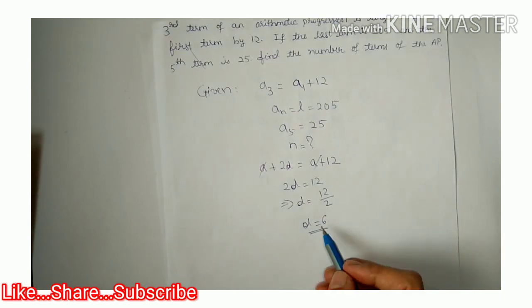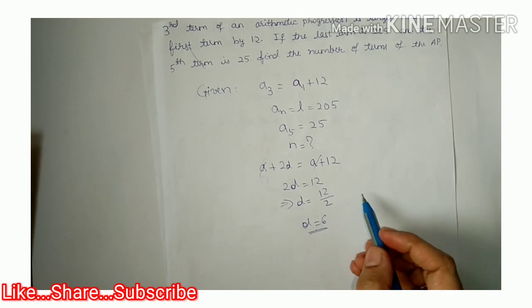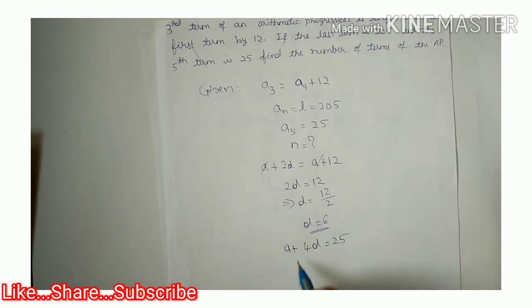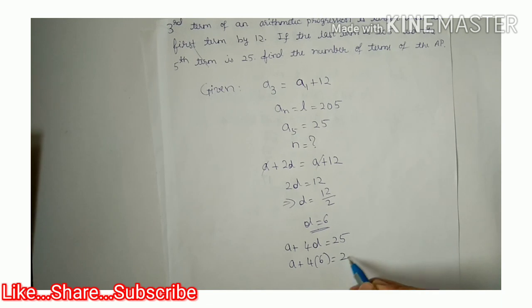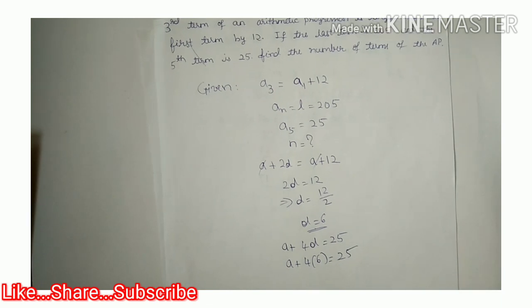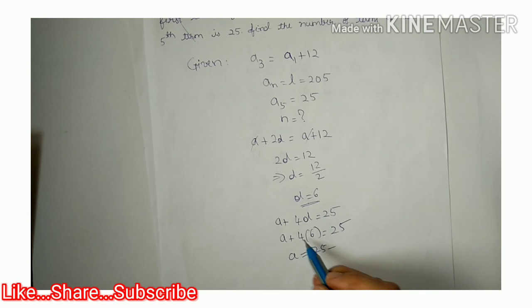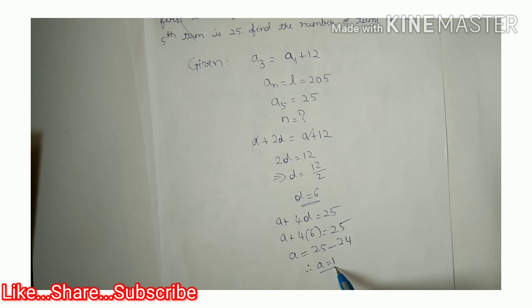Given A5 is equal to 25, A plus 4D is equal to 25. Substituting D as 6, A is 25 minus 4 sixes, which are 24. Therefore, A is 1.